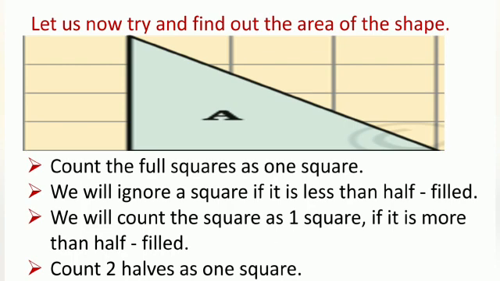Second, we will ignore a square if it is less than half filled. Thirdly, we will count the square as one square if it is more than half filled. Lastly, count two halves as one square.